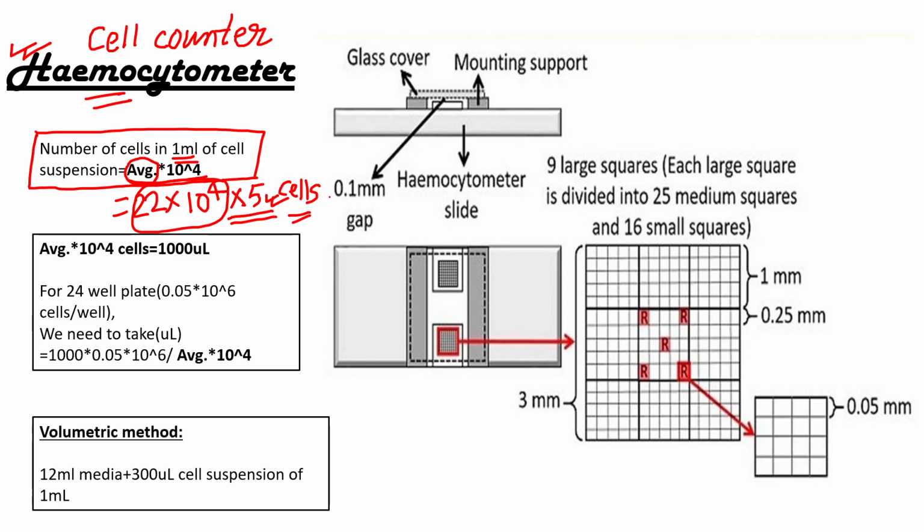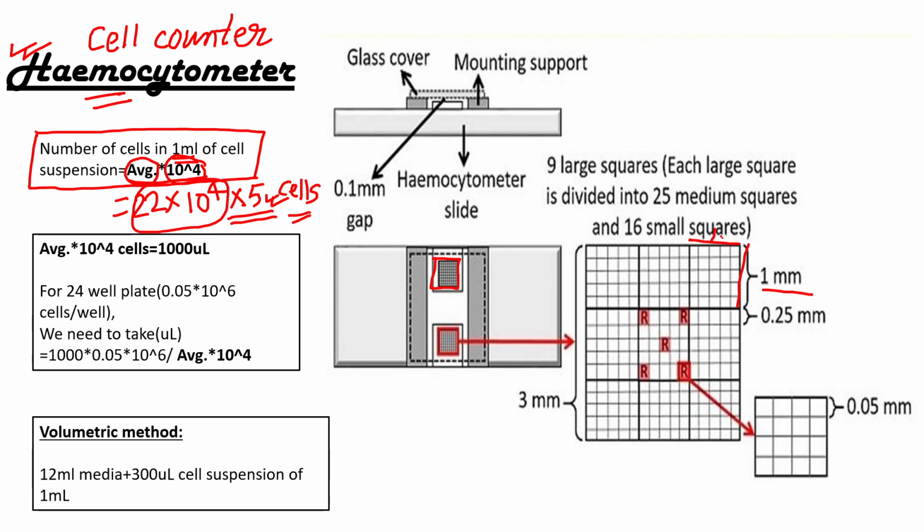In this way you count the number of cells. Now you may have a doubt in your mind: why are you taking 10 to the power 4 as a factor over here? It is nothing but the volume of the haemocytometer slide. As you can see here, each box is 1 millimeter in length.